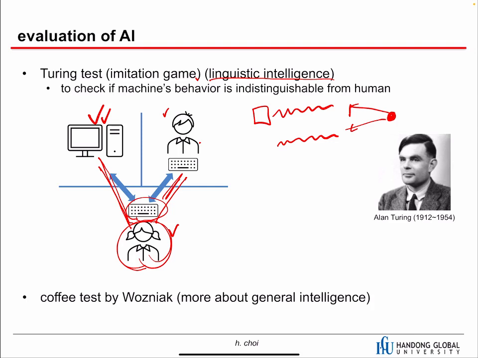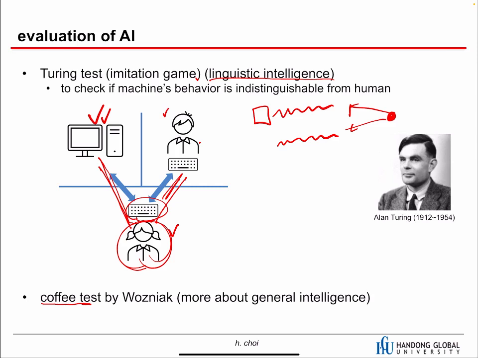Okay, so Wozniak actually proposed another test, which is the coffee test, which is more about general intelligence. It's a simple task. When we ask a robot to give us a cup of coffee, if the robot can do that, then it passes the coffee test.